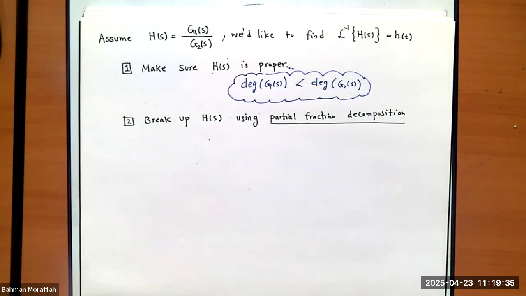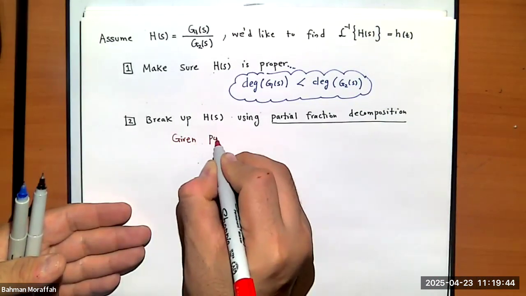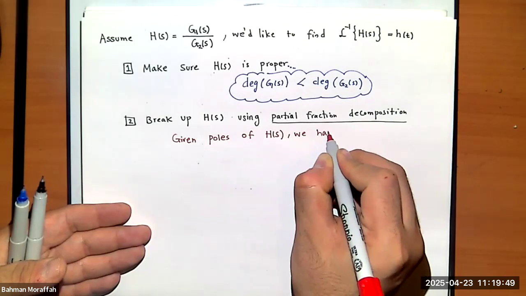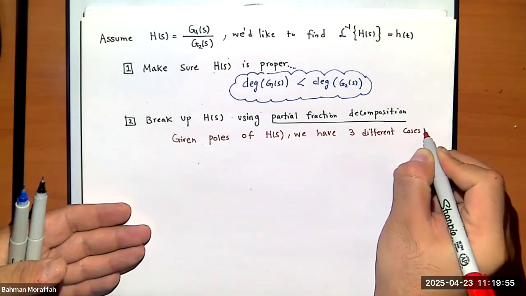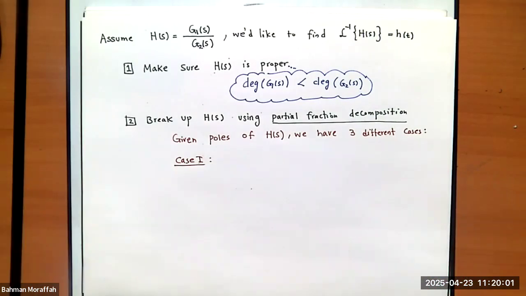We know exactly how to do it based on the types of poles that we have. So given the poles of H of s, we have three different cases. Case one: the roots of g2 are all distinct, all different poles.